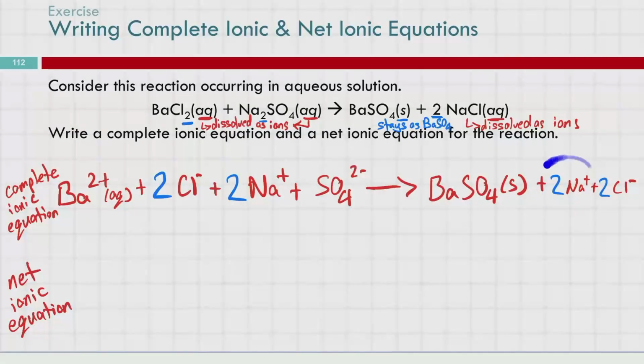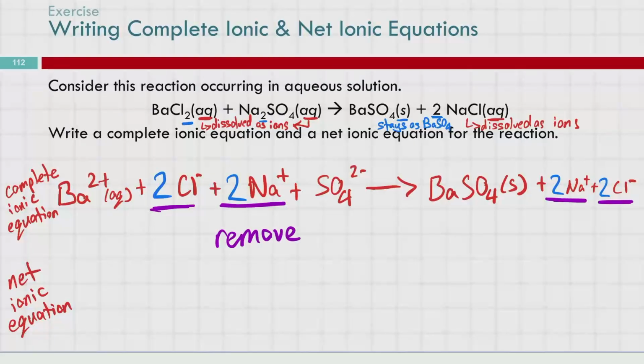We've got Na plus. What's our other thing that's the same on the left and the right? The chloride. Chloride stays as chloride. The barium and the sulfate combined to form the solid on the product side.